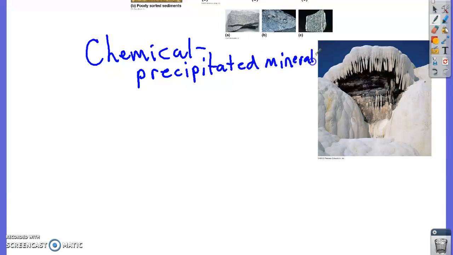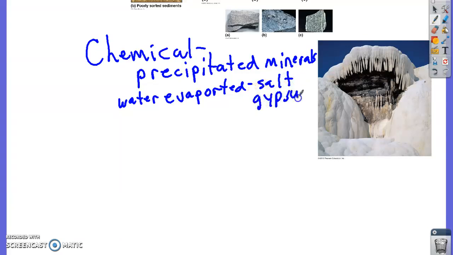In other words, they were in solution in water and they just settled out at the bottom. Okay, and they settled out either because the water evaporated and left them behind. A lot of salt rocks and so forth. Salt rocks, halite, gypsum is another one. Okay, a lot of those minerals just happen like that.